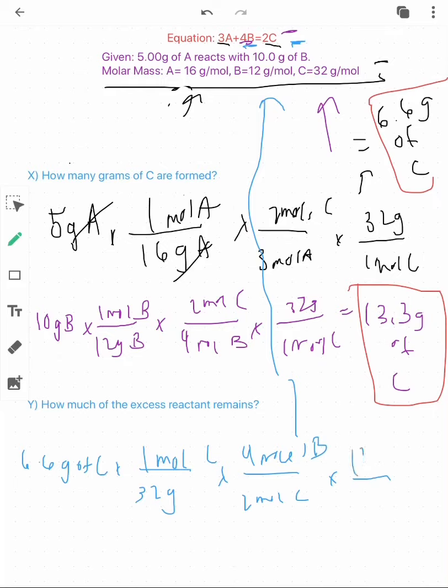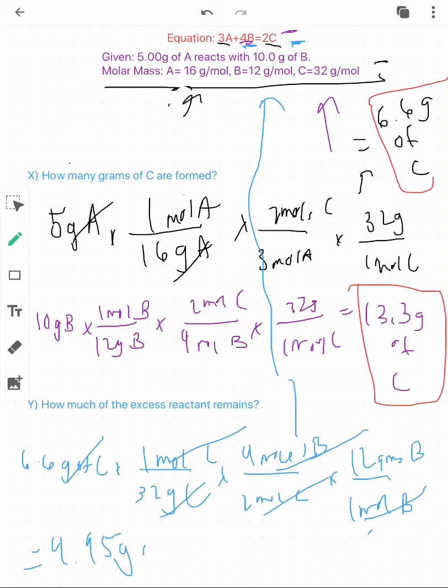We make sure everything cancels out: grams of C cancel, moles of C cancel, and moles of B cancel. This gives us 4.95 grams of B that actually react in the reaction.